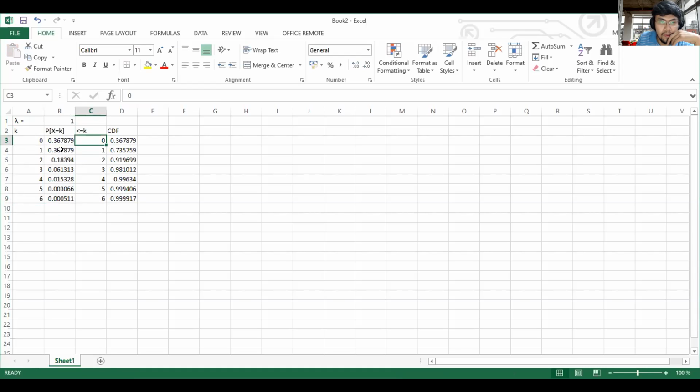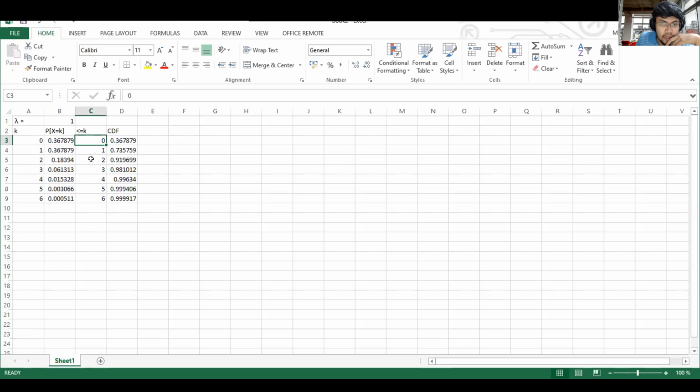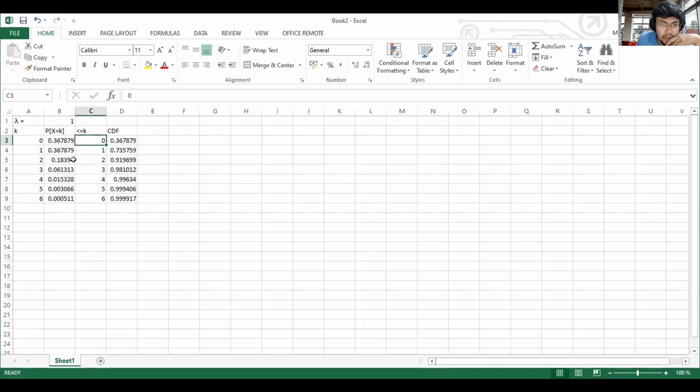Looking at the individual probabilities, the probability of having 0 typhoons is 37%. The same with 1, so they have an equal probability of occurrence. But having 2 is 0.18, and it decreases as it goes up.